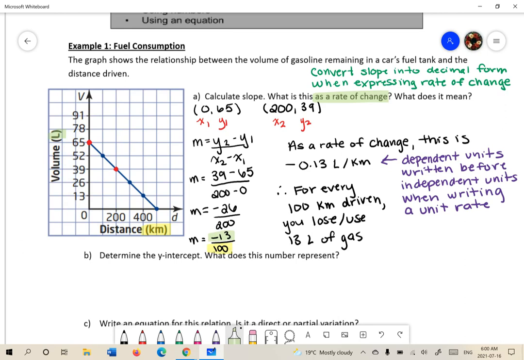So -13, you're losing 13 liters of gas for every 100 kilometers driven.